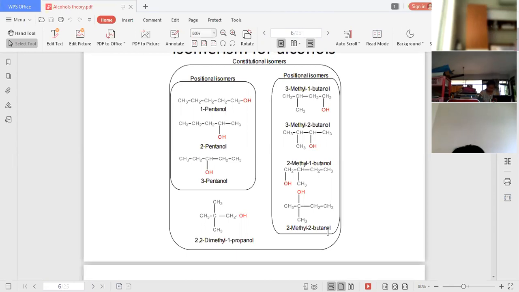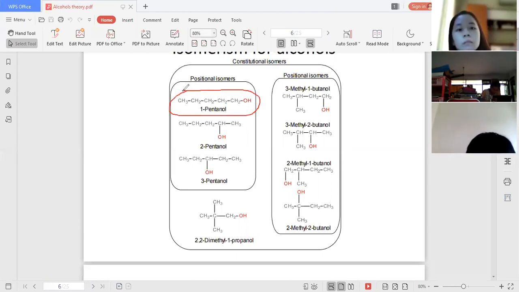I have some questions here. Let me ask first Eric. Hello, Eric. Does pentanol, this structure that I circled with red, have optical isomerism?